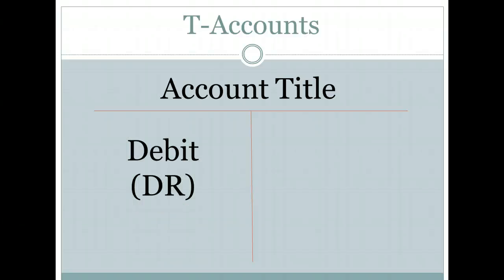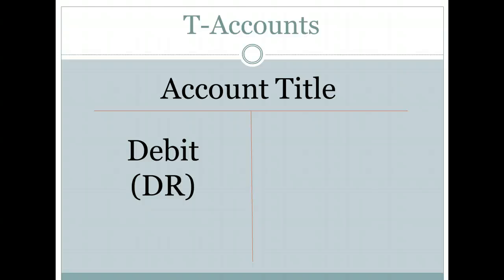The left side we refer to as the debit side. Do not think of debit here like you do a debit card. It simply, in this case, means the left side. We use the initials DR to represent debit.